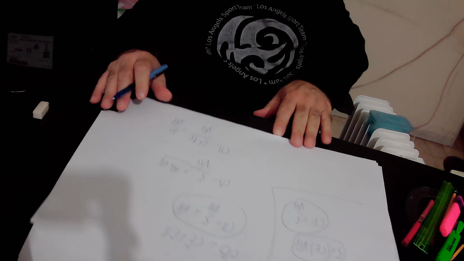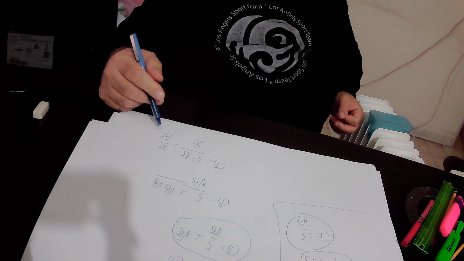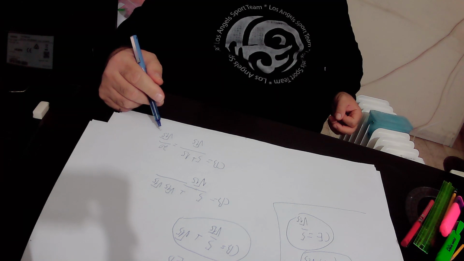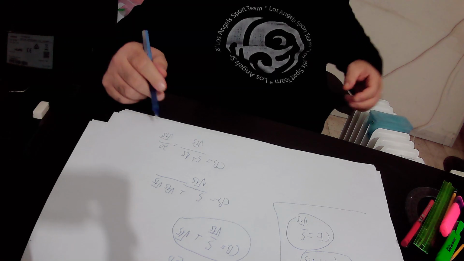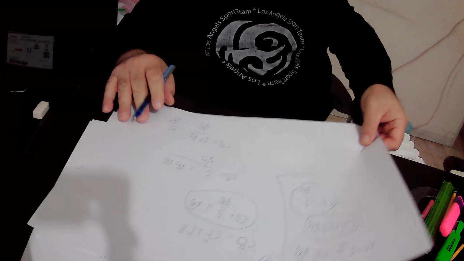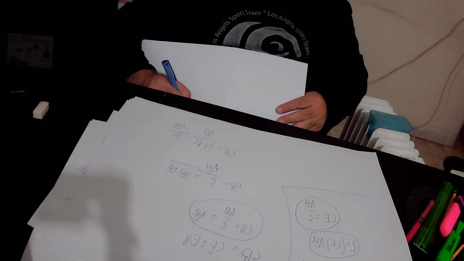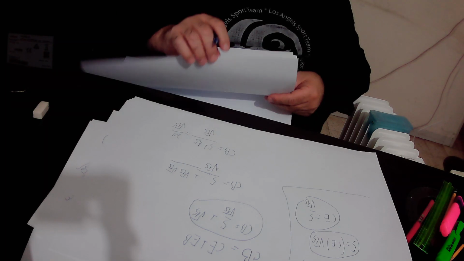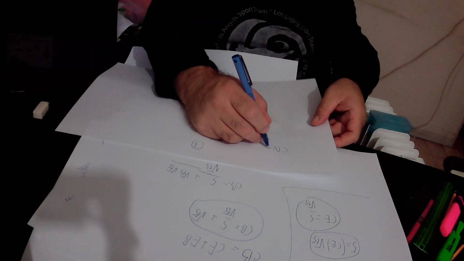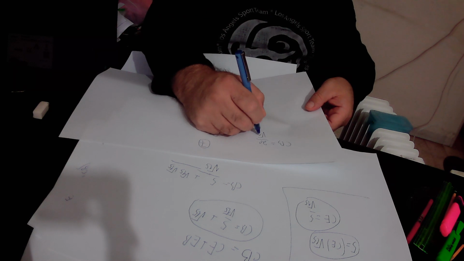So here we will multiply CB by square root of 15, and then divide it by square root of 15 in order to eliminate the square root in the denominator. CB equals 20 over square root of 15.